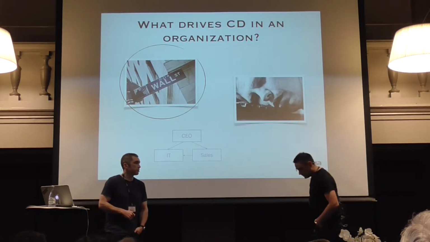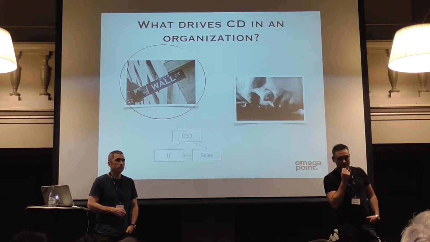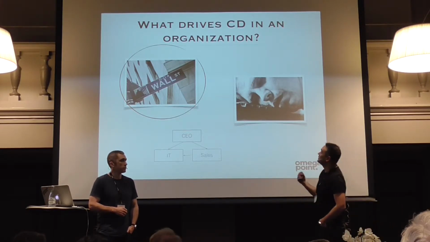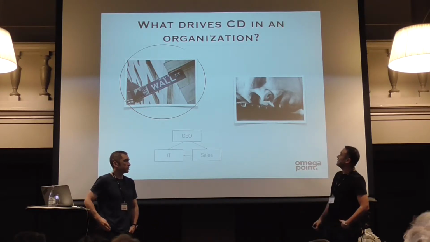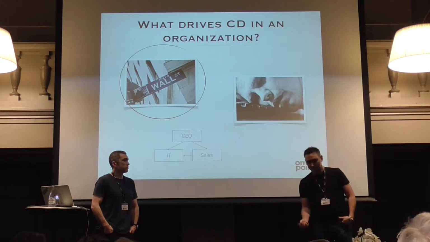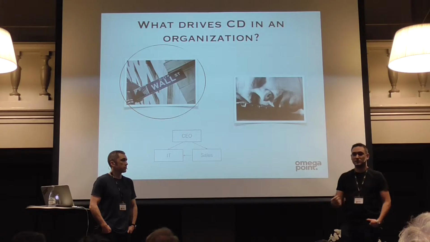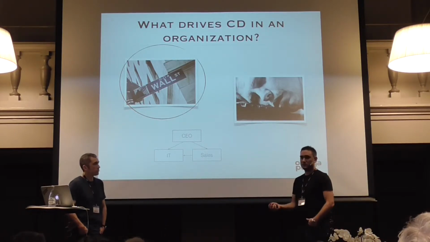Right. So an important factor of introducing continuous delivery in an organization is to get an understanding of what actually drives that continuous delivery thing. And one aspect could be, if you're in an organization, the market might actually be the one that pushes it. Could be the shareholders, or it could be your competitors, right?